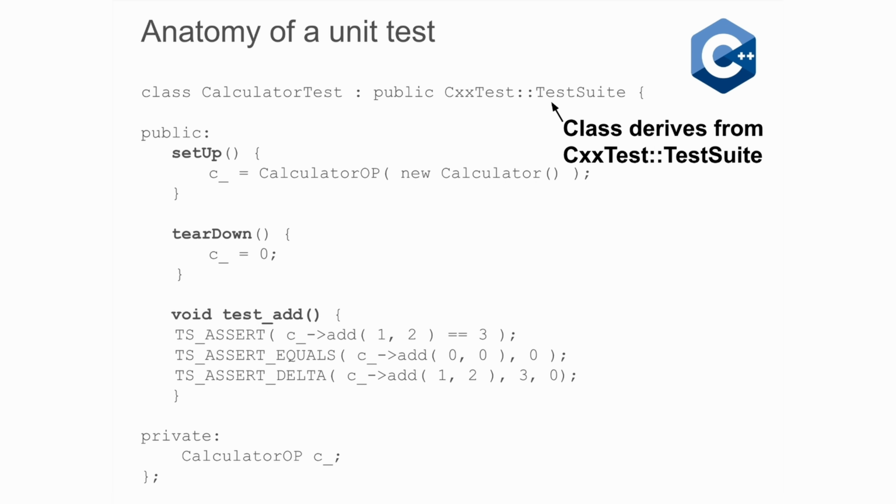So you're going to have, like I said, a class that derives from CxxTest suite. You'll have a setup method, teardown, and then you'll put your test in there. You'll use different asserts to make sure that your functions are behaving the way that you're expecting them to.